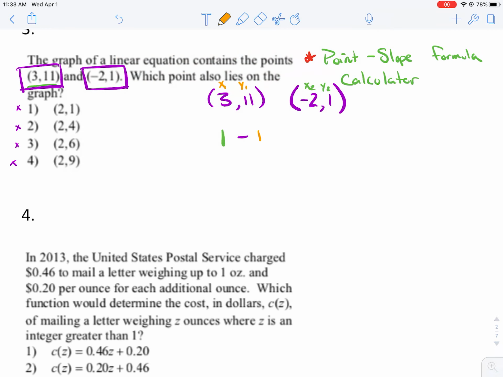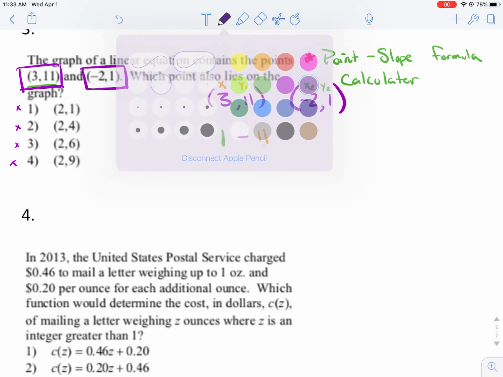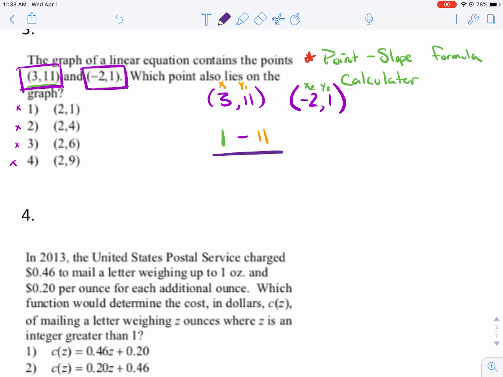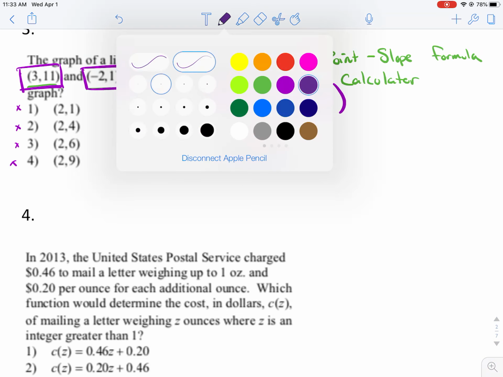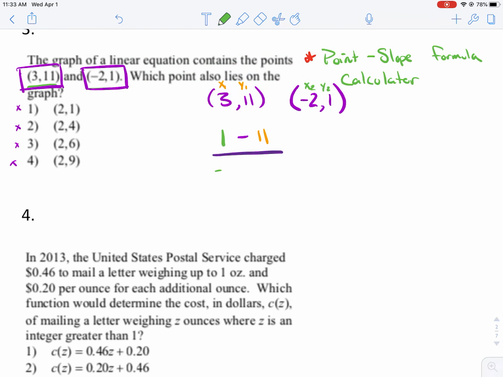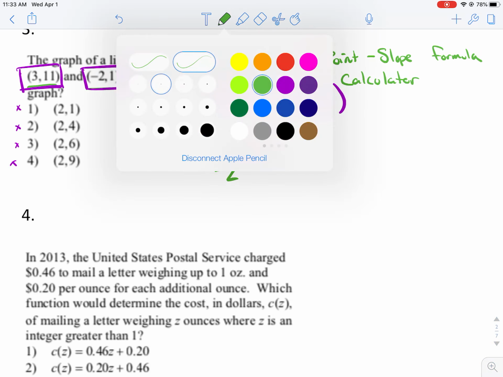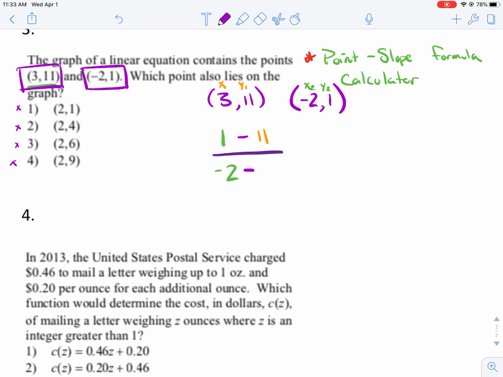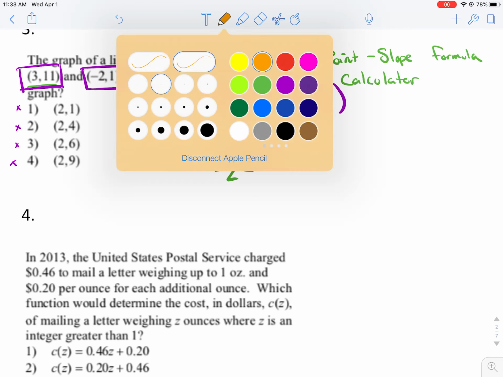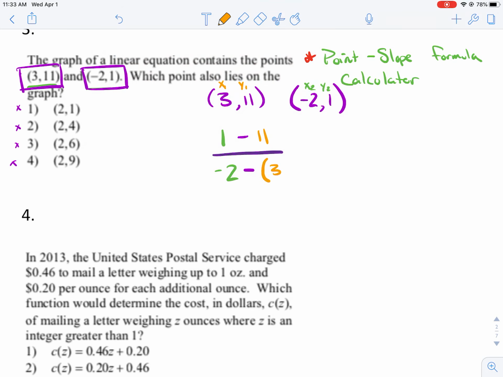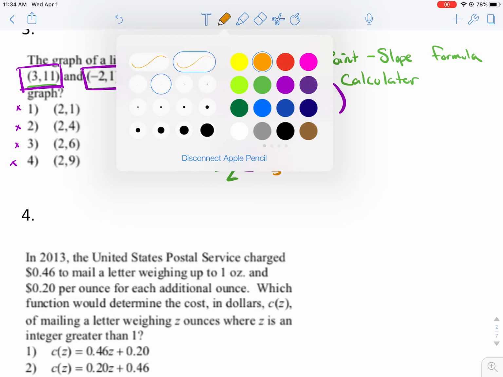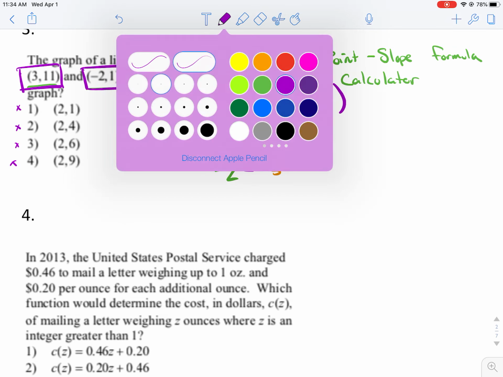So I'm going to start with the y2, so it's going to be 1 minus 11 all over negative 2 minus 3. I guess I didn't need a set of parentheses there because it's positive. All right.